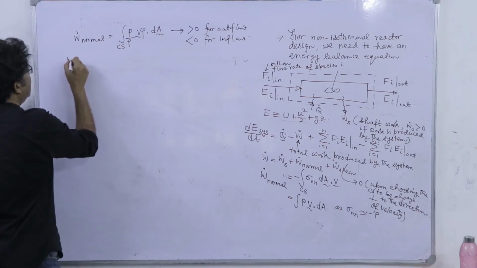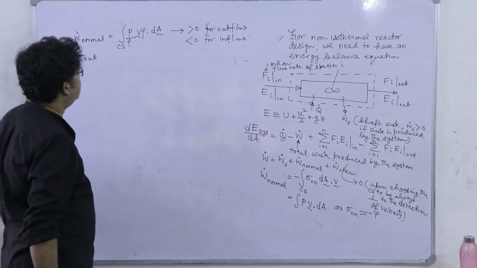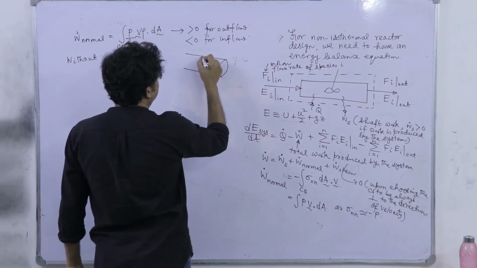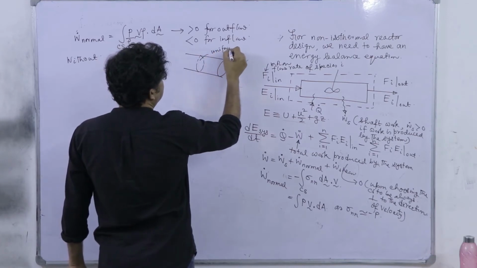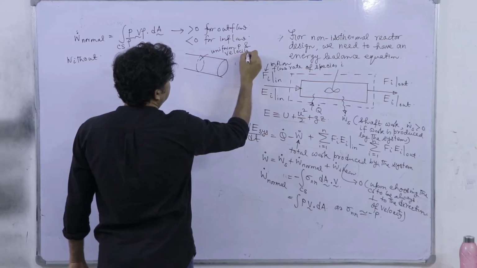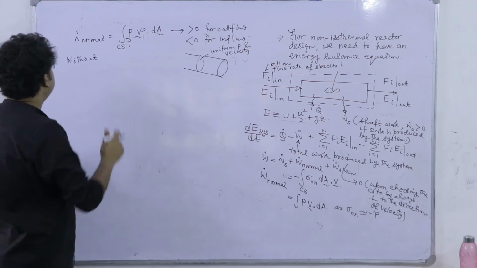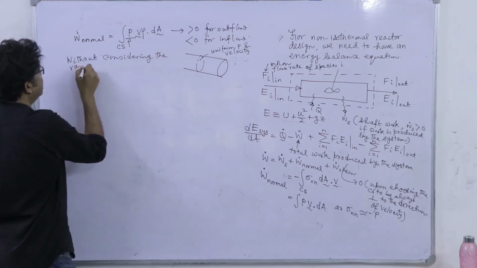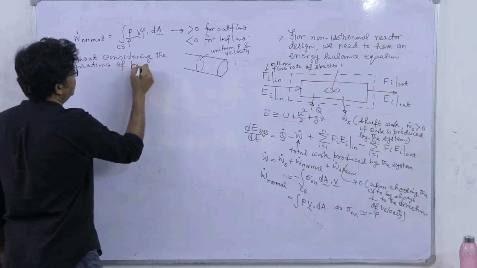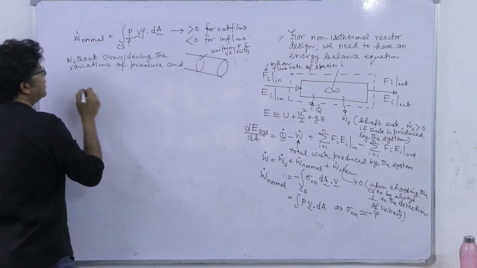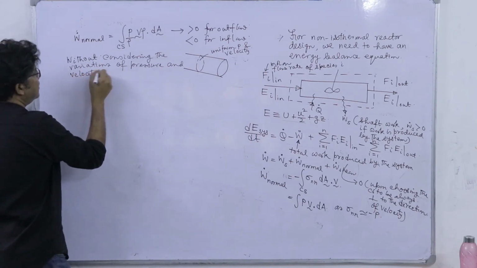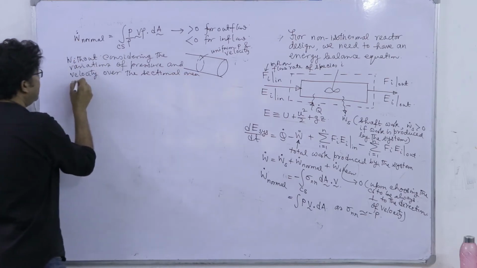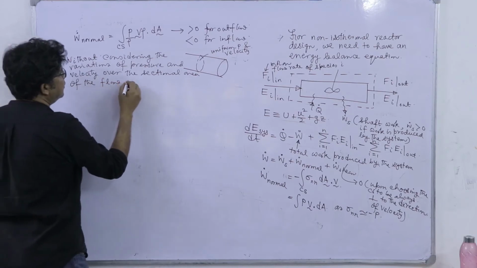Now, if we don't consider the variation of velocity and pressure over the sectional area of the flow ports, that means the pressure and velocity are uniform over this area, we can reduce this integral into a summation.